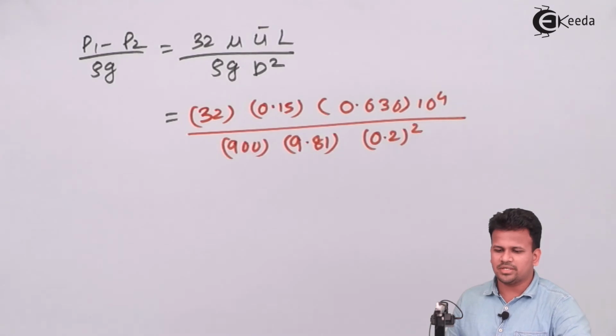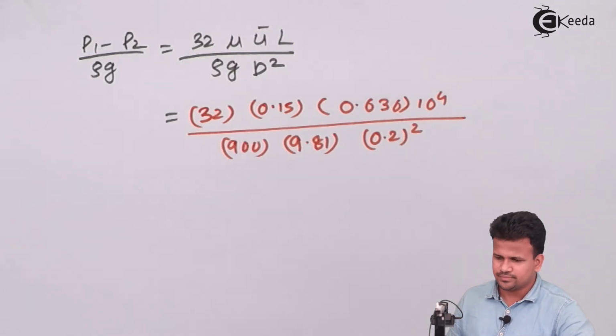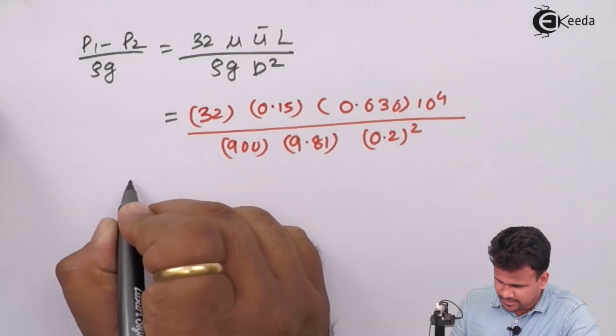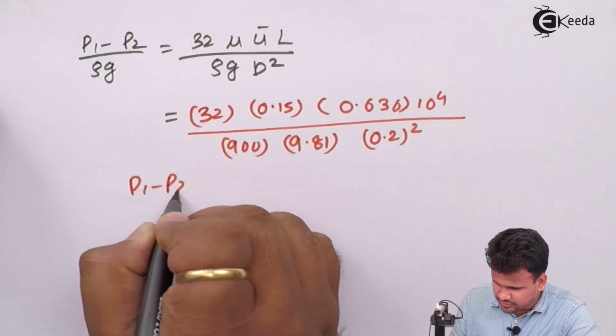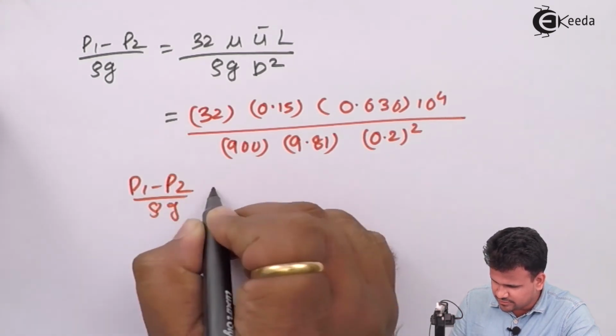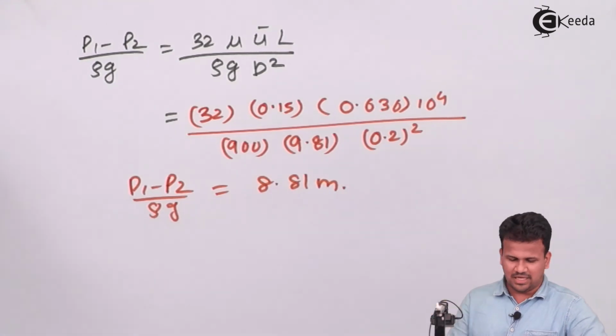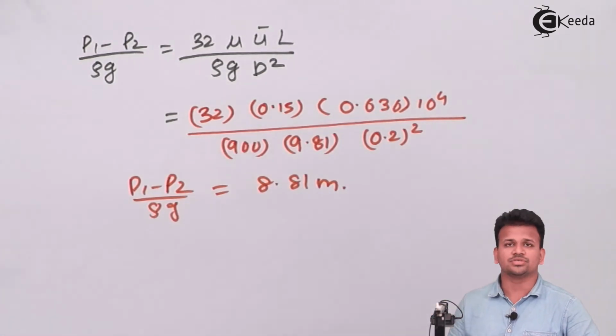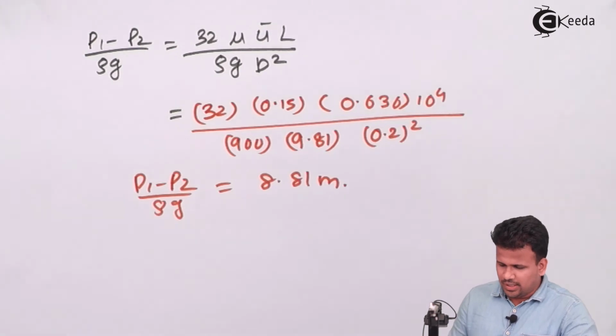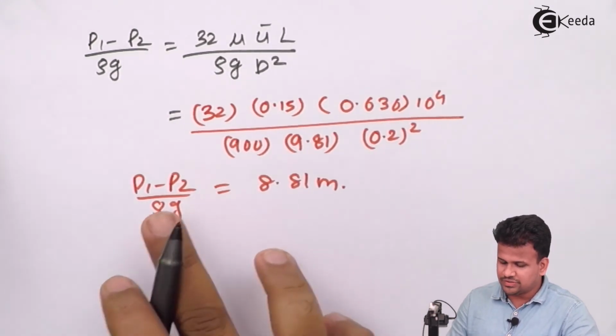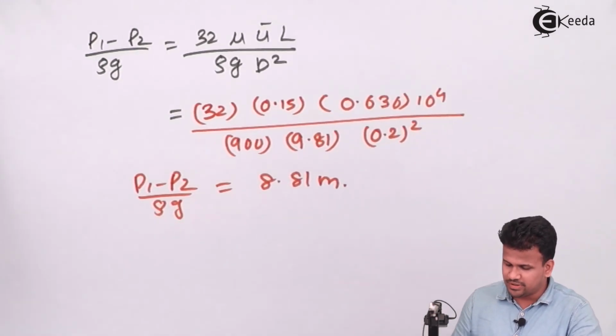Now you have plugged in all the values. After calculating, P1 minus P2 by rho g comes out to be 8.81 meters. So we have calculated the pressure energy loss and the value of P1 minus P2.